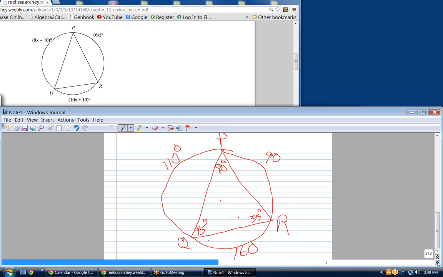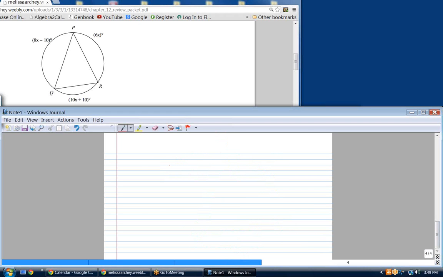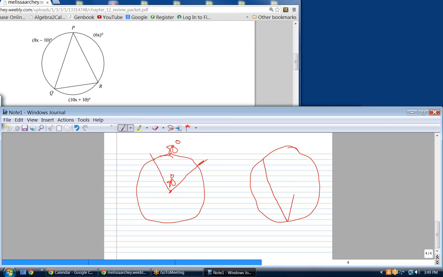Now, before I confuse you, let me tell you the other main thing that we have when we intercept an arc. If the intersection comes from the center of the circle, then that's equal to 80. If the intersection comes from the edge of a circle, and that's 80, then this is 40.